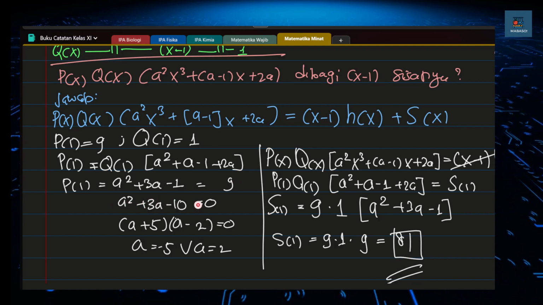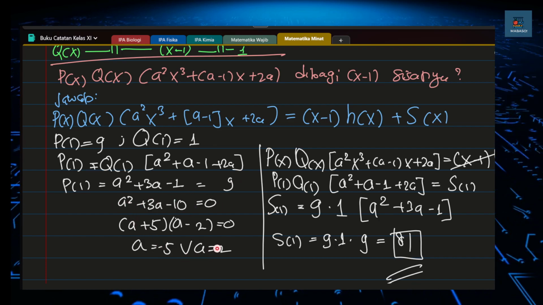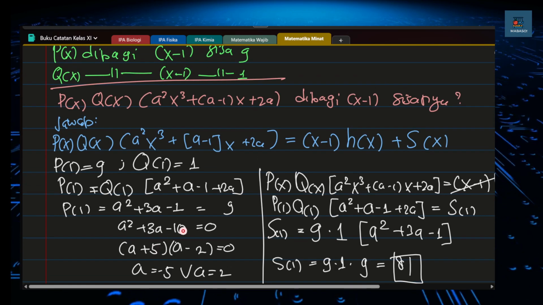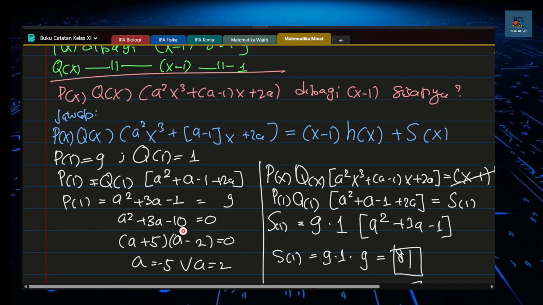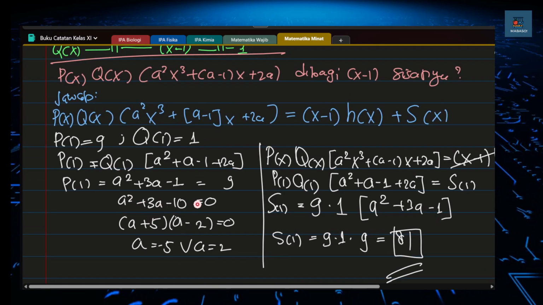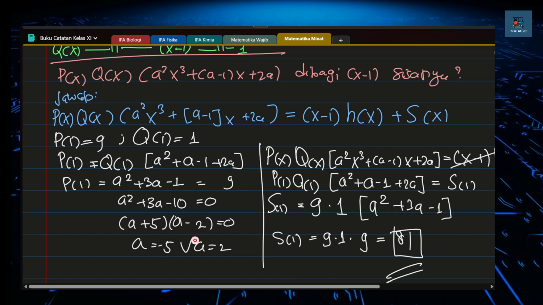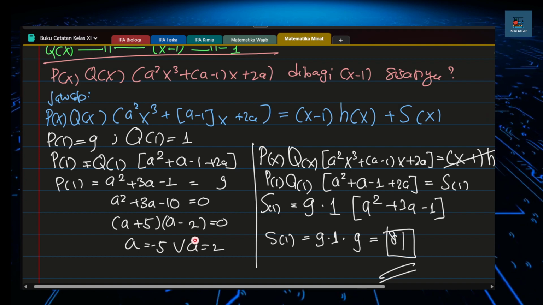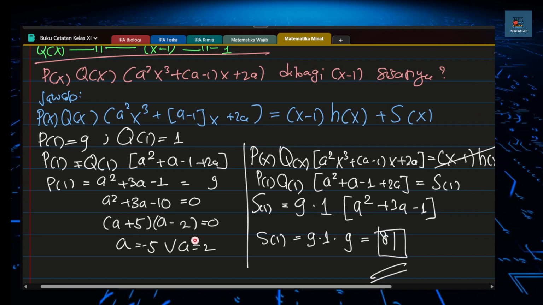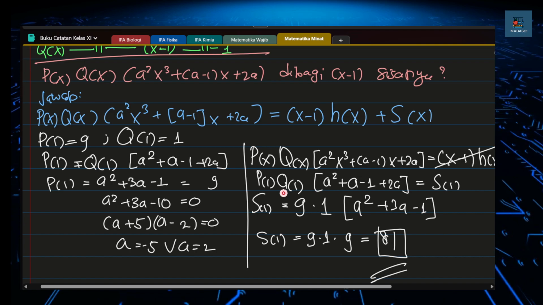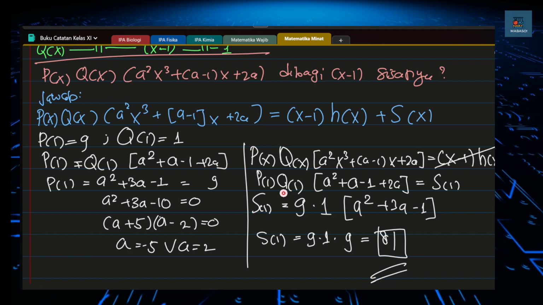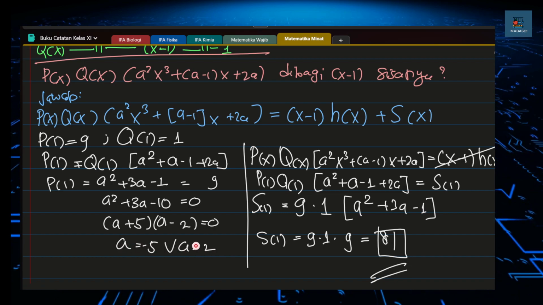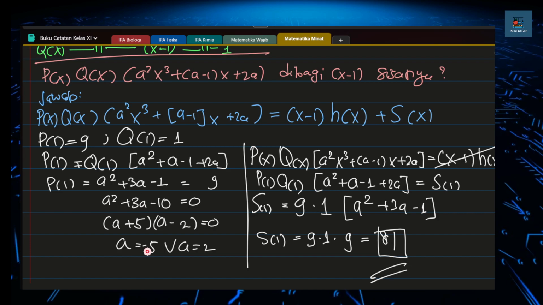This is some extra information if you want to get the value of a, but after doing the question, I found out that this wasn't really an essential piece of information that we have to get. You'll see in the steps why finding the value of a is useless.